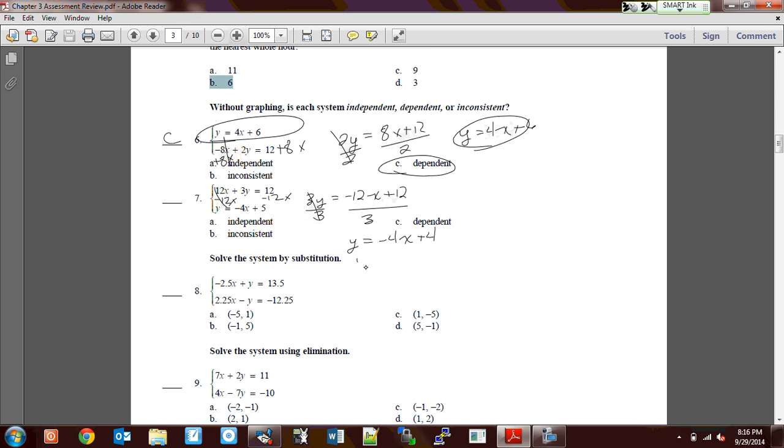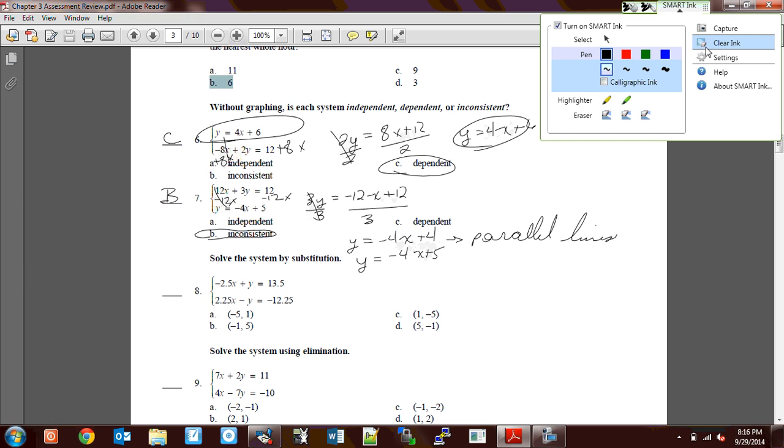So there's one. I'm going to rewrite our other one, 4x plus 5. As you can see, the slope is the same, but they have different y-intercepts. So that means these are parallel lines, which means they are inconsistent. They do not have any solutions. They are inconsistent.